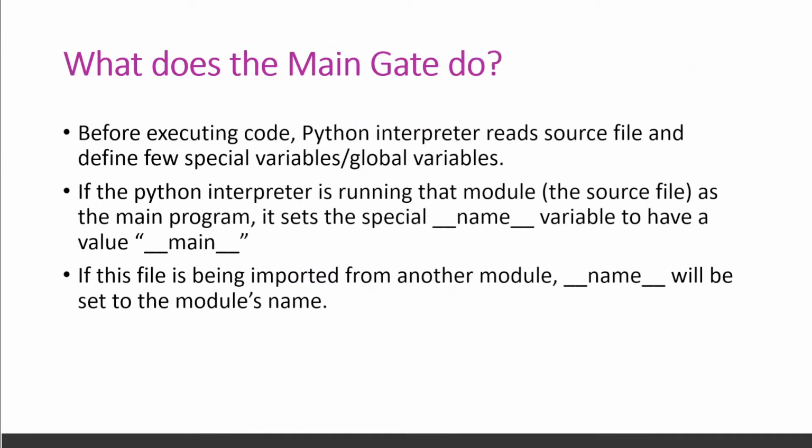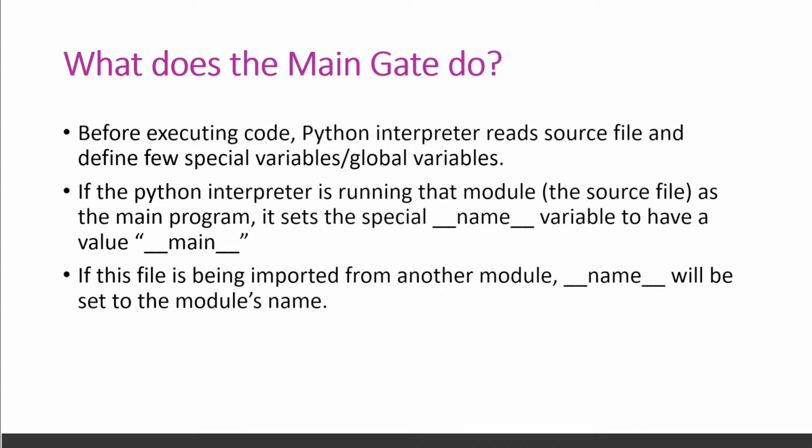Because essentially what the main gate does is allow you to execute code from the file that's being run and not code from other files. So essentially what we're doing with the main gate here is putting up a fence, a gate, between our functions and the code that's actually calling those functions and running things.